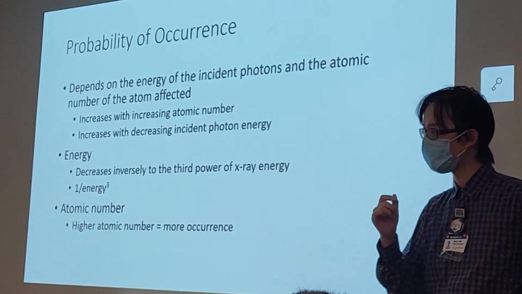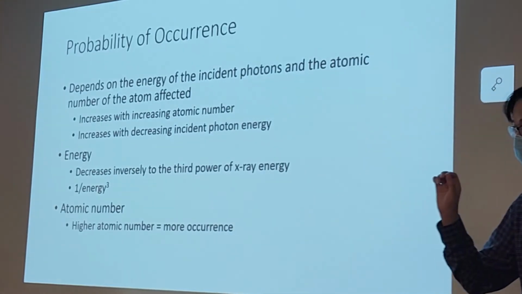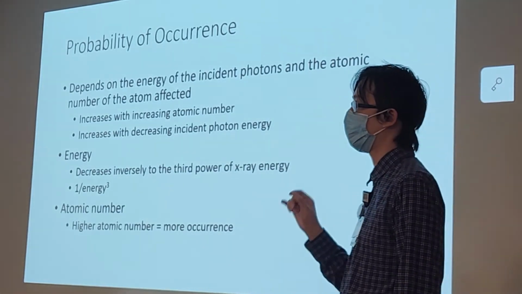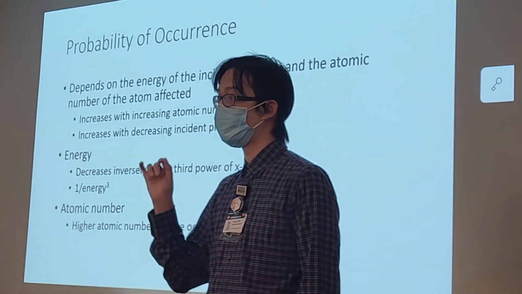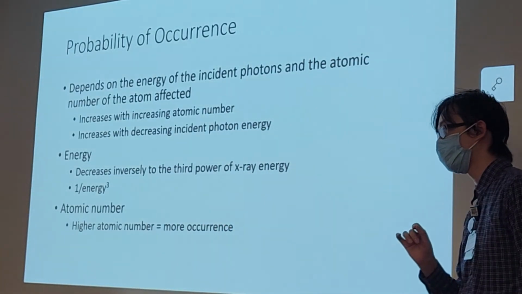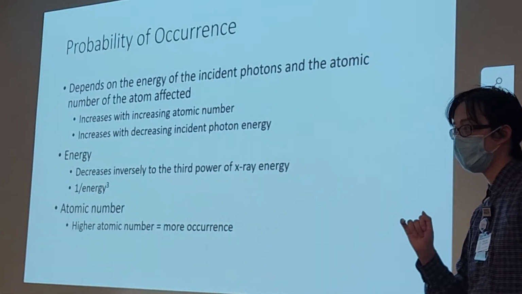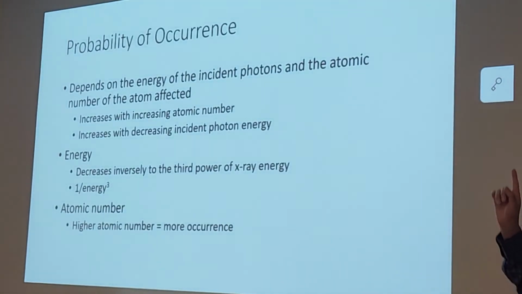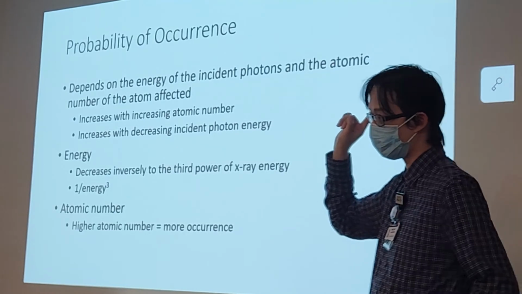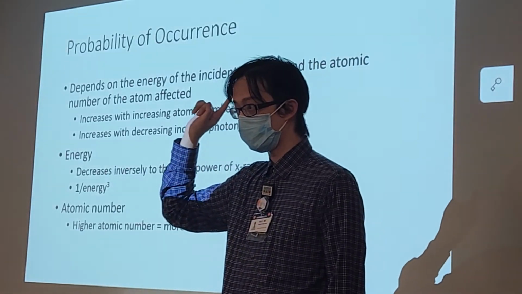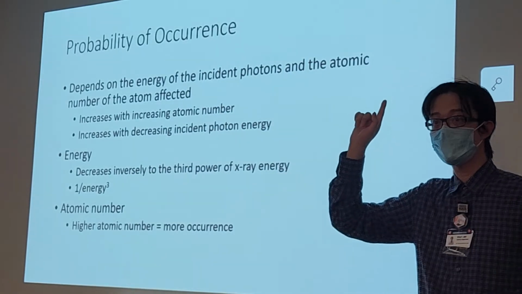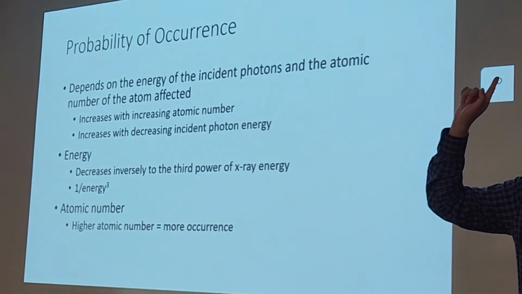If the beam is able to pass through anatomy and hit the IR, was there absorption? No. So as our kVp increases, what happens to the ability to penetrate? It increases. As the ability to penetrate increases, how much absorption do we have?